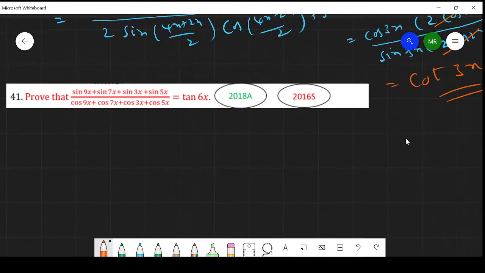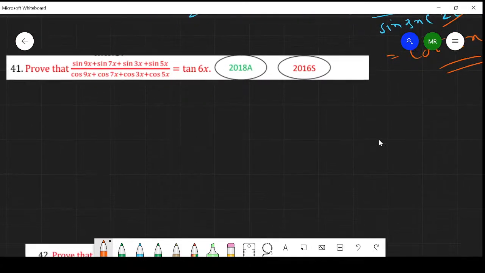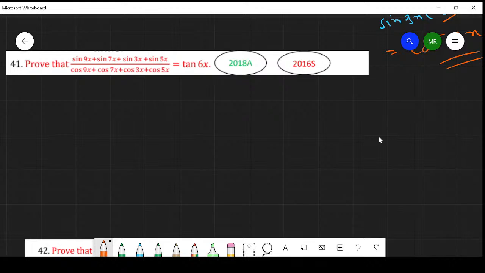Prove that (sin 9x plus sin 7x plus sin 3x plus sin 5x) by (cos 9x plus cos 7x plus cos 3x plus cos 5x) is equal to tan 6x. See, in this problem, we take the LHS.